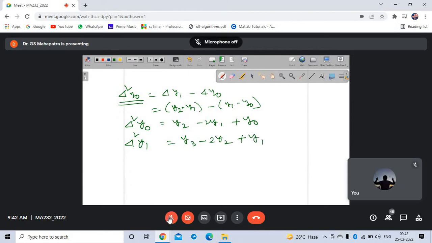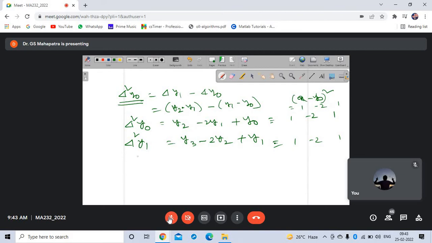Fine. If you check the coefficient, 1 minus 2 1, 1 minus 2 1, this is the coefficient of a minus b whole square. What is the answer? Fine. The coefficient of a plus b whole square, that one.